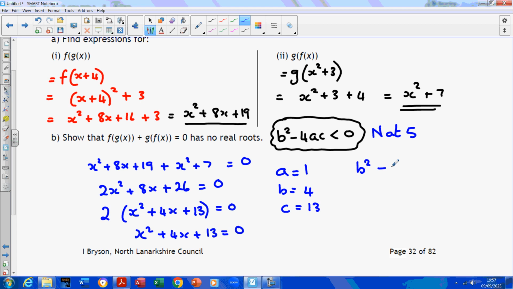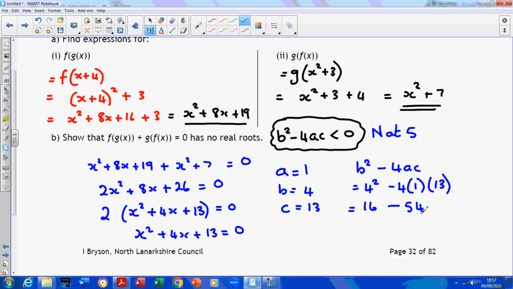So b squared minus 4ac is going to be equal to 4 squared minus 4 times 1 times 13. So that would give me 4 squared is 16. 4 times 1 times 13 is minus 52. I'm going to check that. So that would be minus 52.